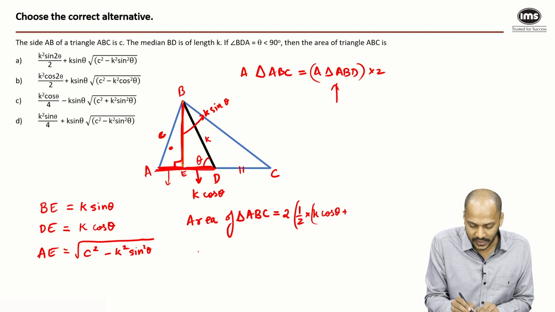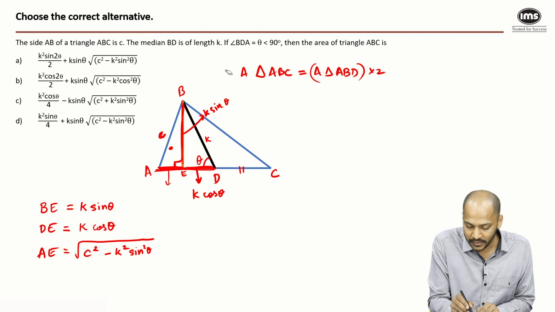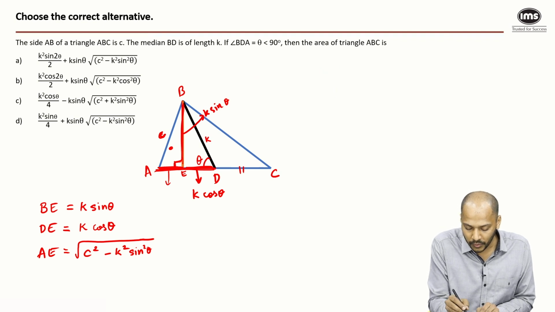So I'll need a little more space here. So what I'll do is I'll write this on the top itself. Okay. So area of triangle ABC would be equal to double of, and again there's a half base into height.